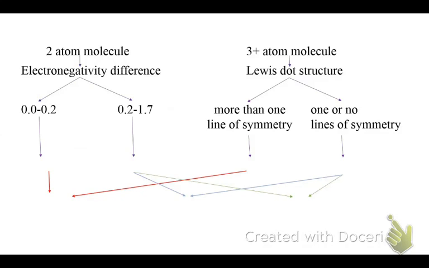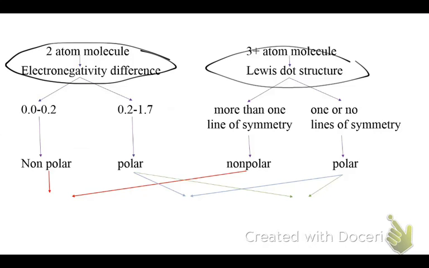If you're looking at Lewis structures, what you need to be thinking about is how many lines of symmetry I have. If I have more than one line of symmetry, is it polar or nonpolar? The first step is deciding which course of action I'm going to take: am I going to draw a Lewis dot structure, or figure out the electronegativity difference?